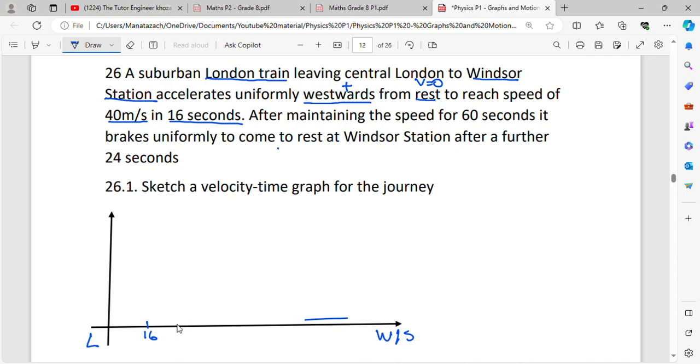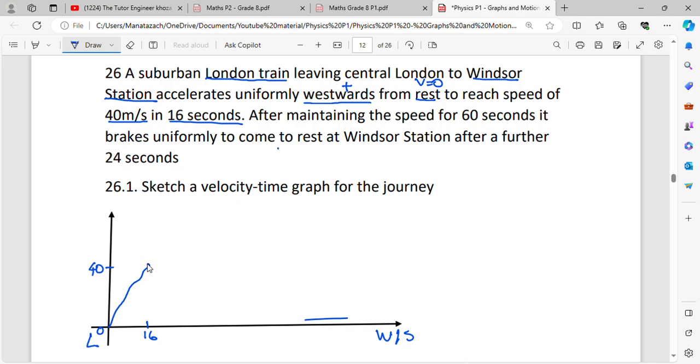So it's going to accelerate from 0. The train will accelerate from 0 up until 40, right? So from 0 to 40, we'll just draw a straight line that's going to connect 0 and 40.